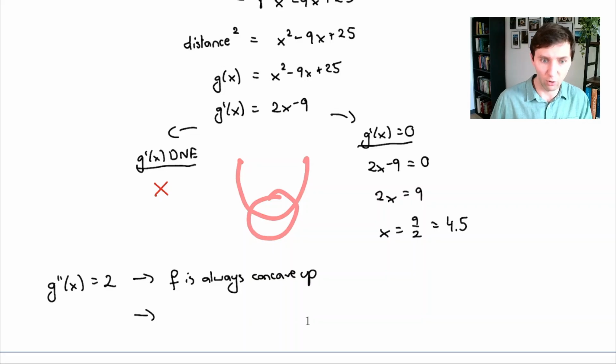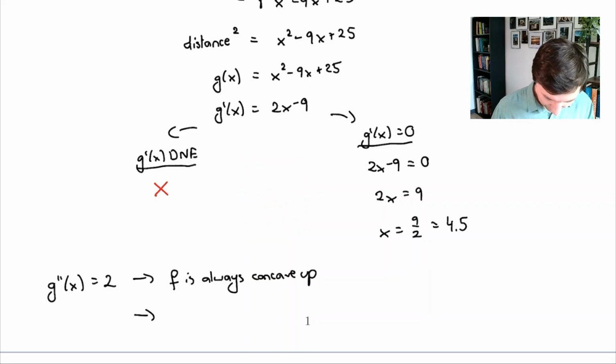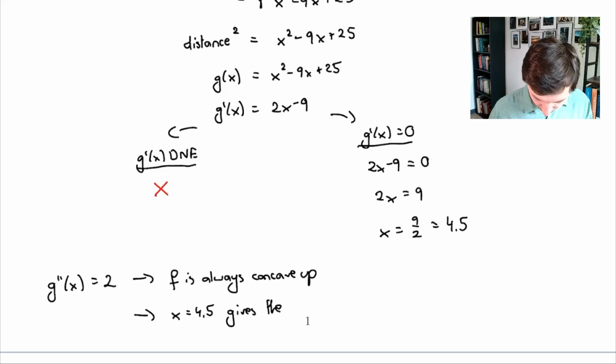The function is always concave up, which means that x equal to 4.5 gives the absolute minimum.